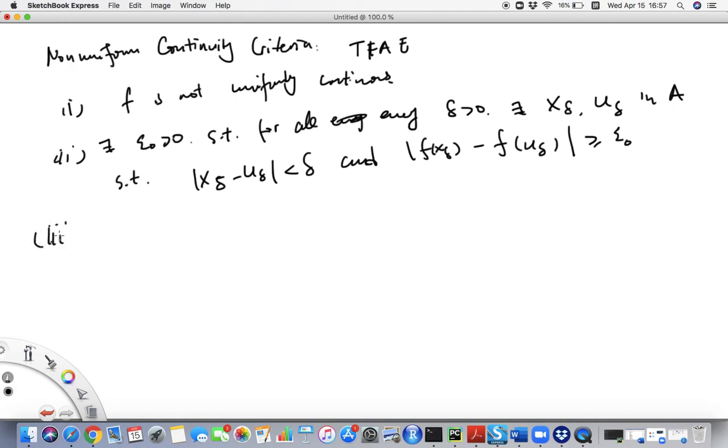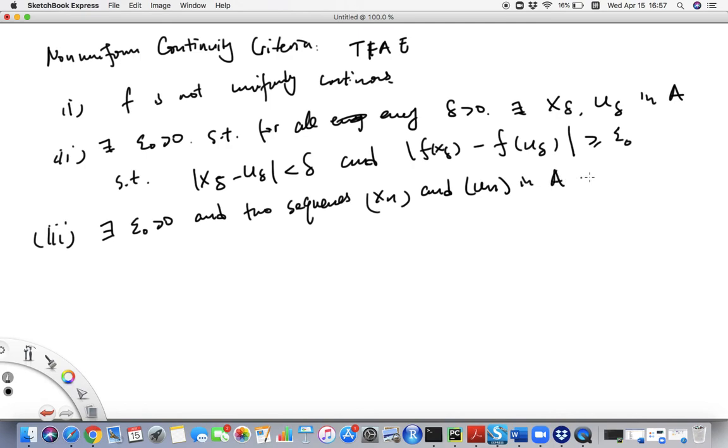Okay. Number 3, there exists epsilon_0 greater than 0 and two sequences x_n and u_n in A such that the limit of x_n minus u_n is equal to 0, but |f(x_n) - f(u_n)| is greater than or equal to epsilon_0 for all n in N.